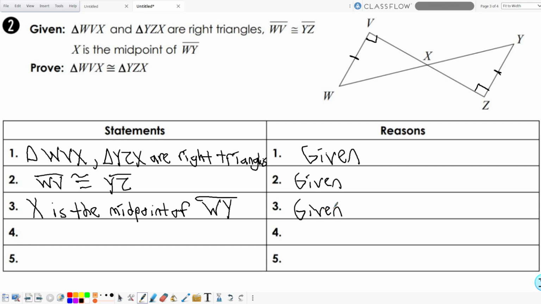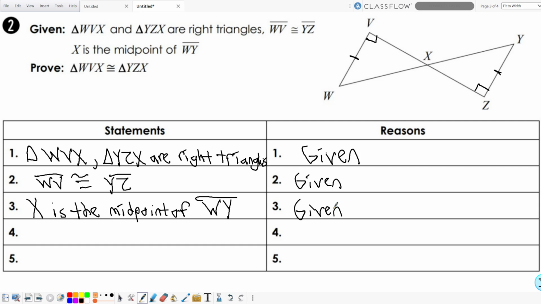Alright, so out of the three givens, the first two are pretty straightforward, but the third one is kind of the key to solving this. If you look at WY, you'll see point X is in the middle, and whenever you have midpoint in your problem, you're going to use the definition of midpoint.